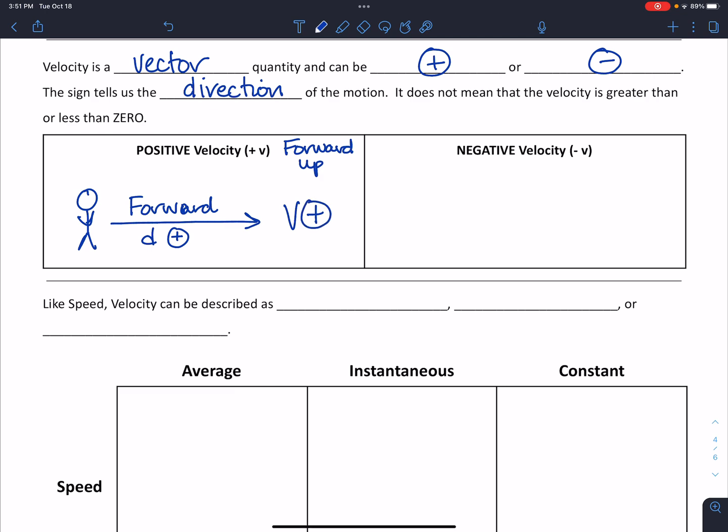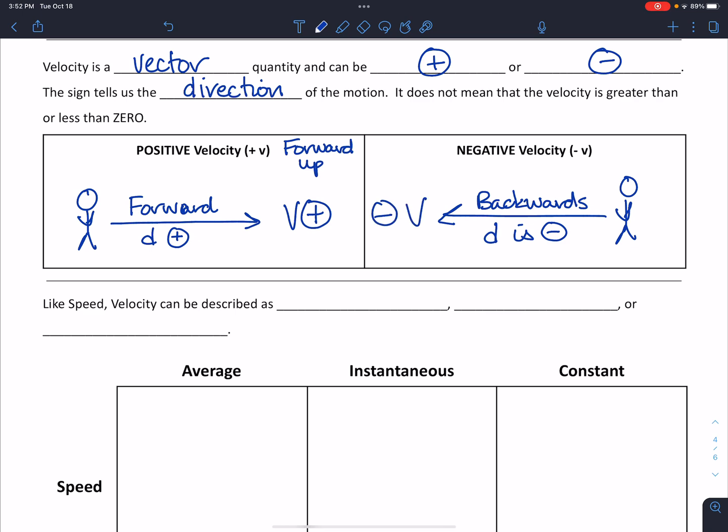If instead you have a person moving backwards, we say that their distance is negative and they have a negative velocity value. Negative velocity is also always down. So it's either backwards or down. And those are just conventions we have decided on.